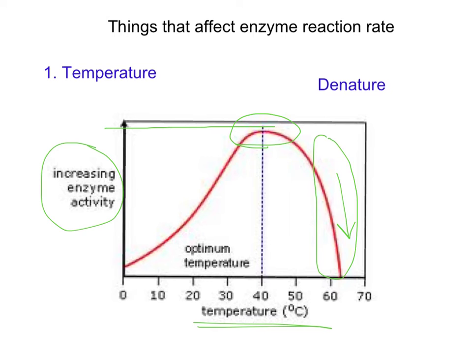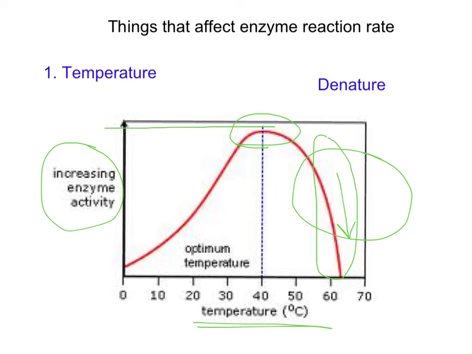If a protein is a different shape, then it can no longer do its job. When the temperature gets too hot for the enzyme, like it's doing over here in this section of the graph, the enzyme starts to lose its shape. And if it loses its shape, it can no longer work. That's what denaturing is.